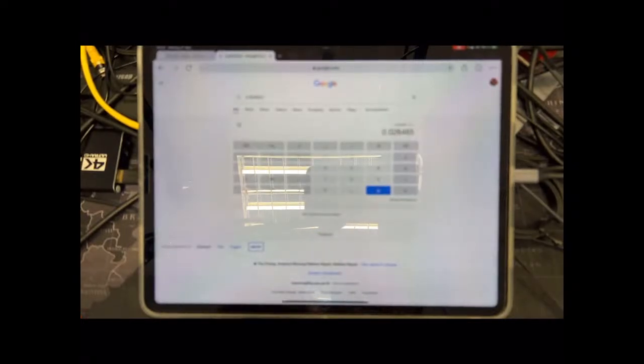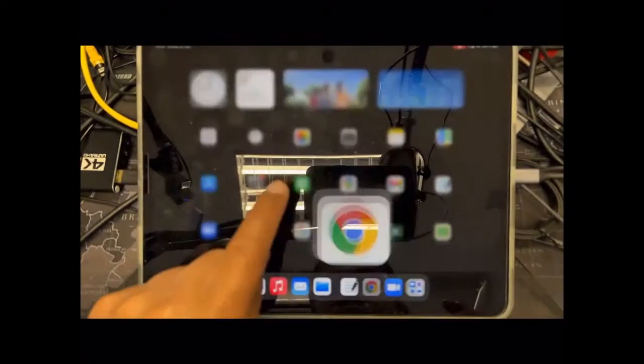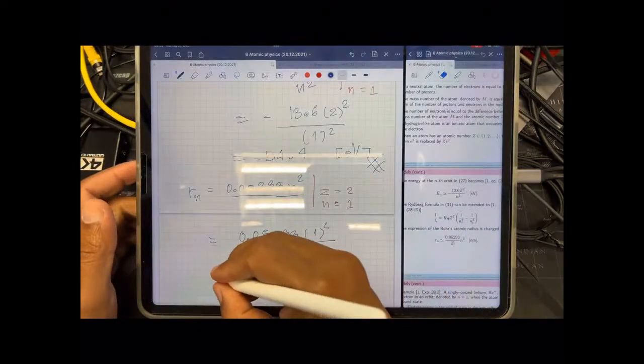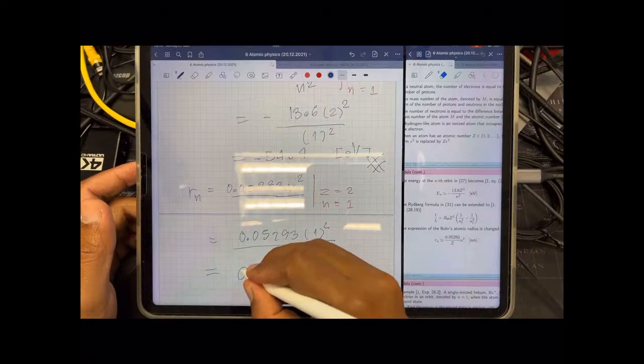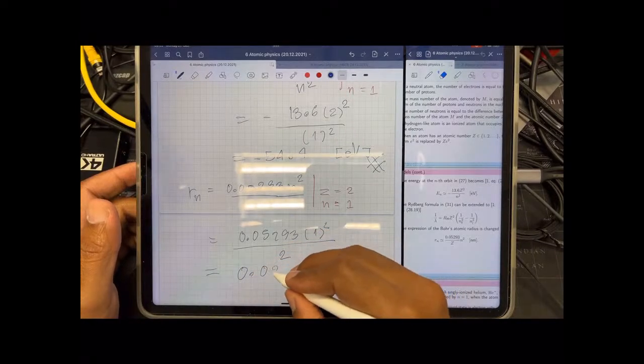0.05293 divided by Z, which is number 2, right? Divided by 2. 0.026465.